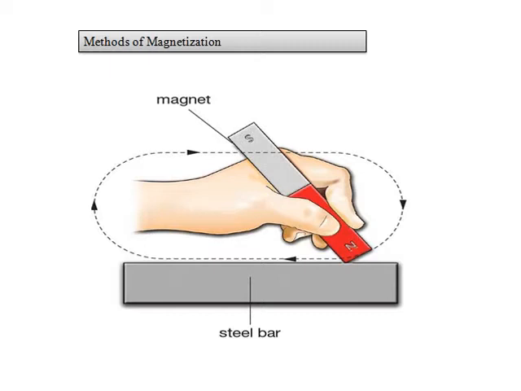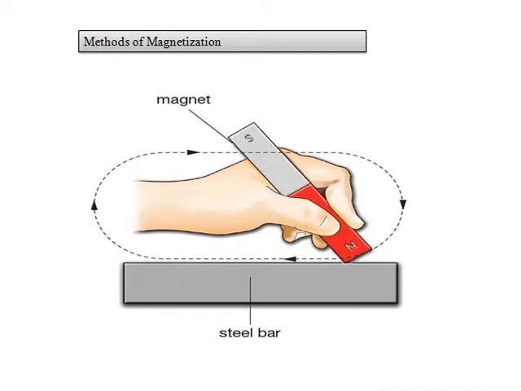This method is known as the stroking method. It can be the single stroking method or the double stroking method. If you are using two magnets, it is known as double stroking, and if you are using a single magnet, it is known as single stroking of the steel bar.